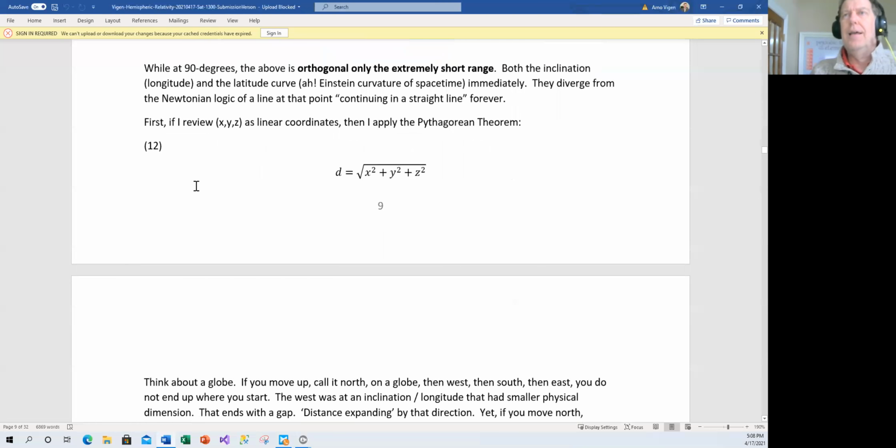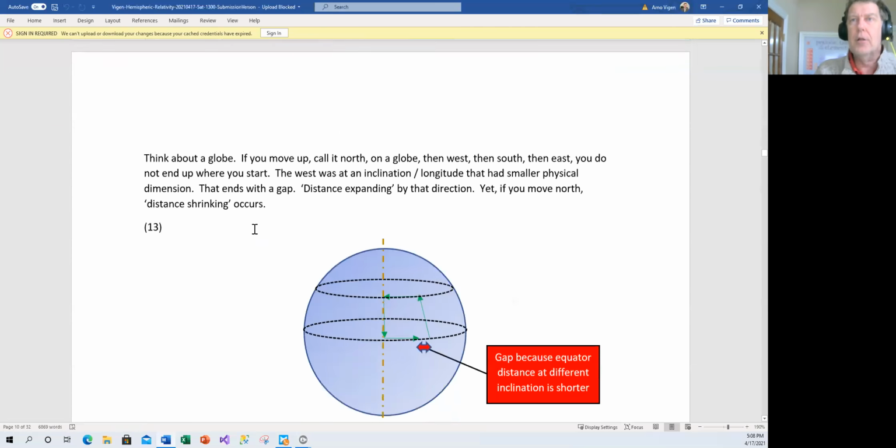You see, in this, I want to apply, say, Pythagorean's theorem, which the distance is the square root of x squared plus y squared plus z squared. This is orthogonal systems. But think about that globe.